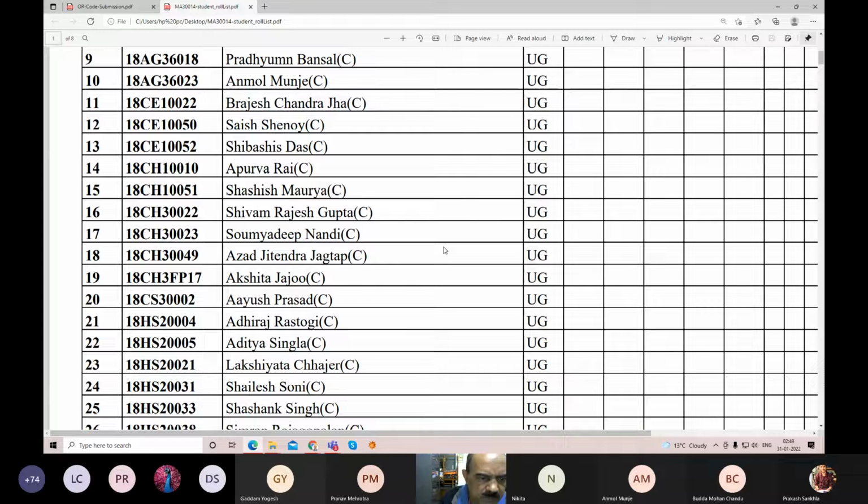And 15th is Shivashish Maurya. Anybody there? Yes, sir. Sir, Saish Shanoy. Sir, Apurva. Yes, sir. And serial number 15. See, out of 5 students, only one is there.